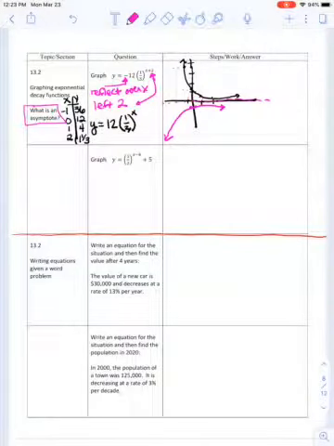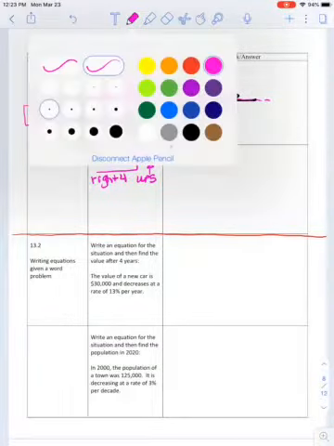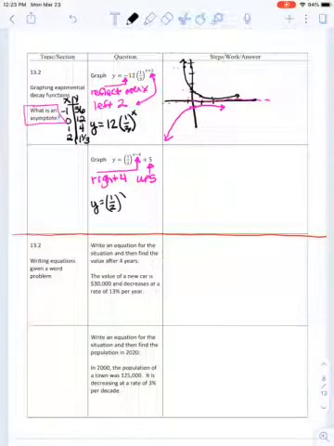Okay, so one more example here. Let's see, what's this one going to do? Two things happening. This is going to move right 4 and up 5. Okay, what's the parent graph on this one? Parent graph is y equals 1/2 to the x power.